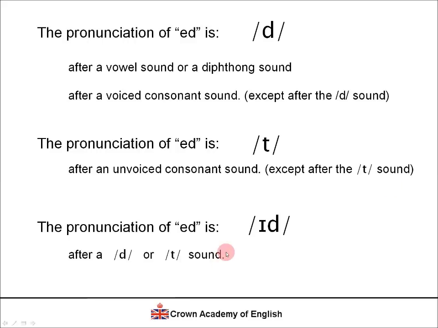Okay? So that is why it's an exception here. It's an exception here and here, because there is a separate rule for those sounds. So let's look at each one in detail with lots of examples. So let's start with this.